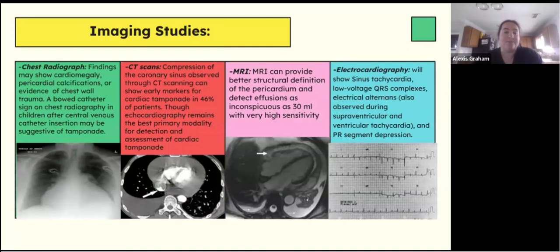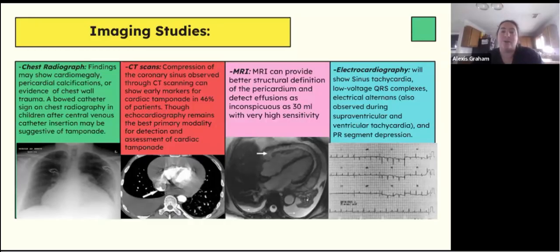CT scans, compression of the coronary sinus observed through CT scanning can show early markers for cardiac tamponade in up to 46% of patients. Though echocardiography remains the best primary modality for detection and assessment of cardiac tamponade, this can still indicate that as well.